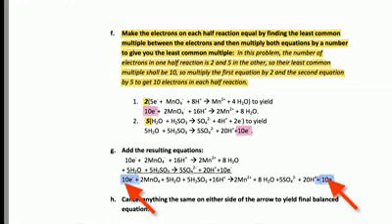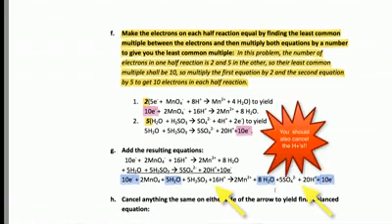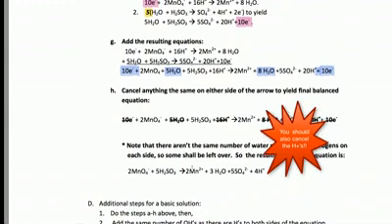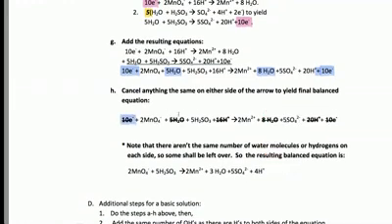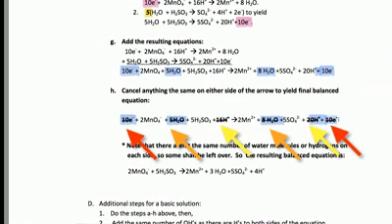But look, we got some waters also that can cancel. So subtract these 5 waters from these 8 waters, and you'll get 3 waters left on the right side. You can't have any negative coefficients. So when we do that, these are all the things that cancel that I just told you. And I didn't tell you about the H pluses.